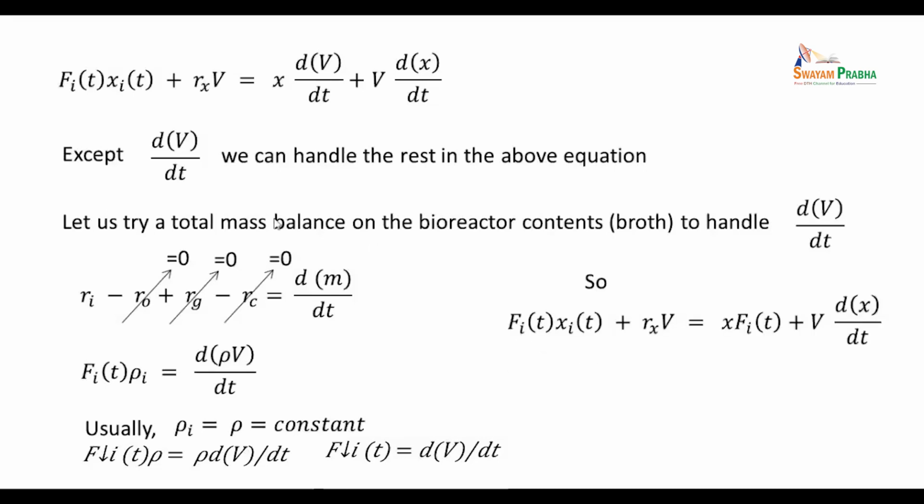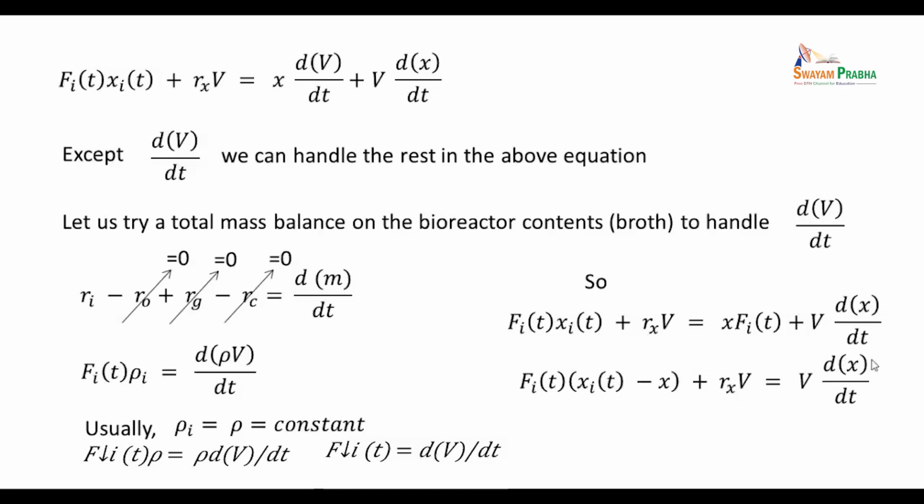Therefore, this equation becomes Fi(t) xi(t) plus Rx times V equals x into Fi(t) plus V into dx/dt. So the dV/dt we have replaced by Fi(t) here, right? The rest is the same. Therefore, combining the like terms together, Fi(t) into (xi(t) minus x), we have brought this to the other side, plus Rx V equals V dx/dt.